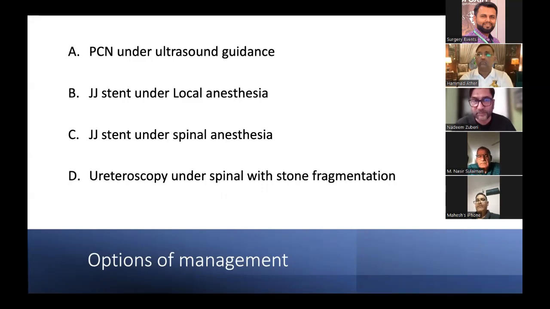So all these options are available, but ultimately now, because the obstruction is there and the chances of infection and other things will go high, the first temporizing, if you are temporizing, then a DJ stent or PCN, or if you're going for a definitive, then maybe URS could be considered from an obstetrical point of view. But obviously, that is more of your domain to decide.